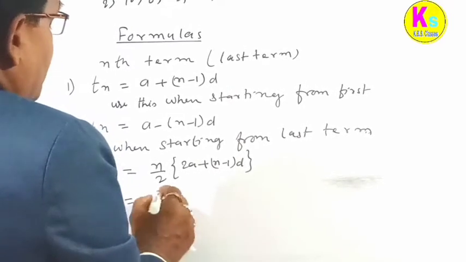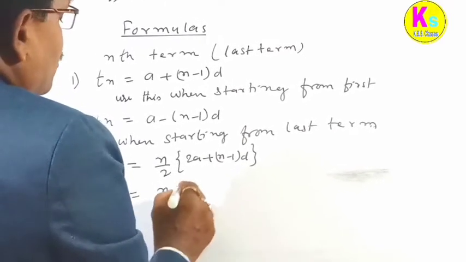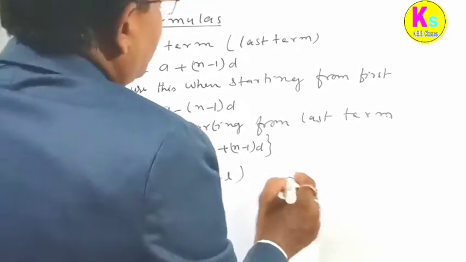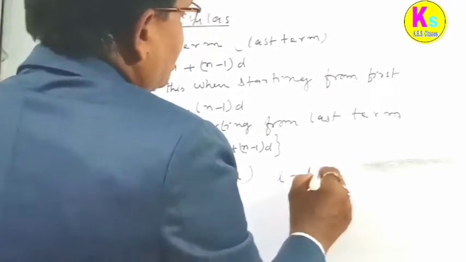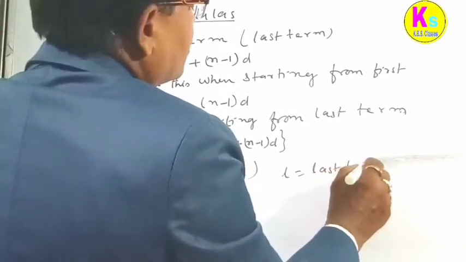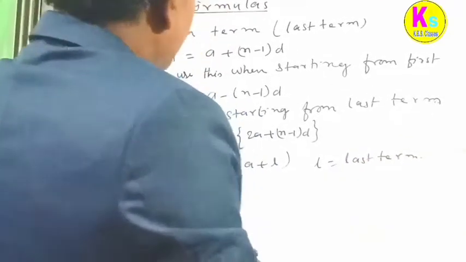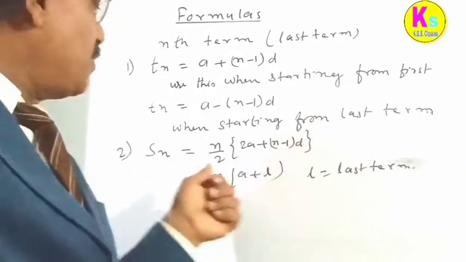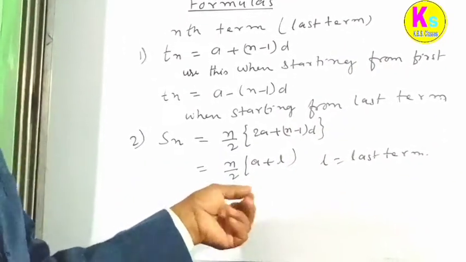And the second formula is also there: n by 2 into (a plus l), where l is the last term. When the last term is already given, you must use this formula, and in short you will get your answer.